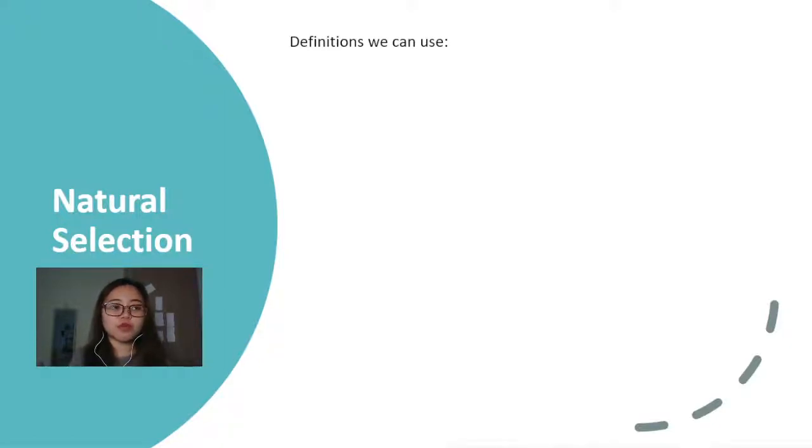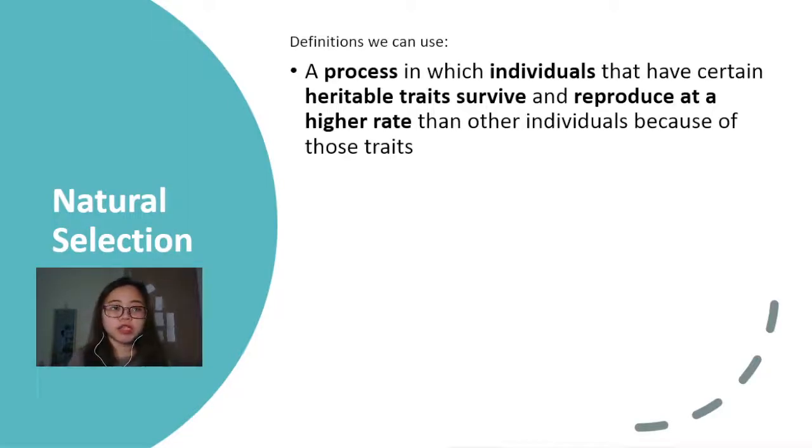We can use several definitions for the term natural selection. The first definition you can use is that natural selection is a process in which individuals that have certain heritable traits survive and reproduce at a higher rate than other individuals because of those traits.